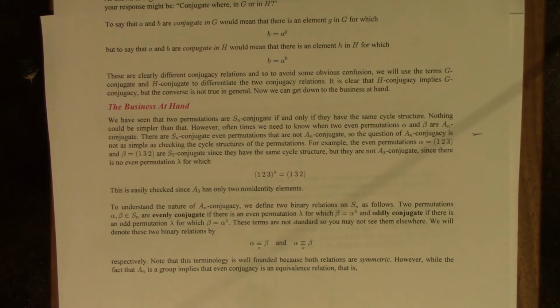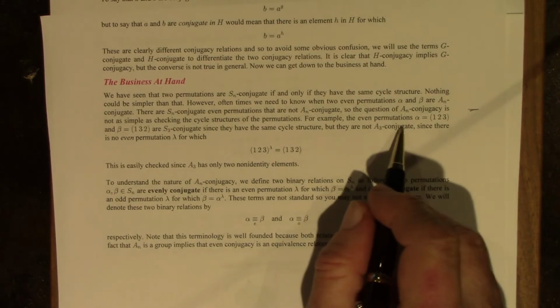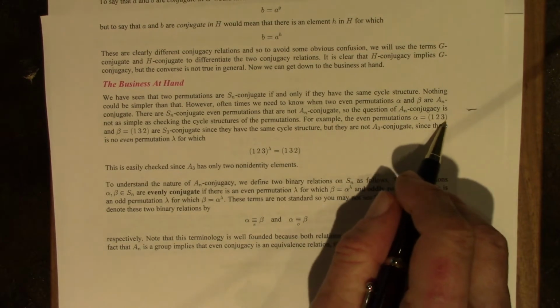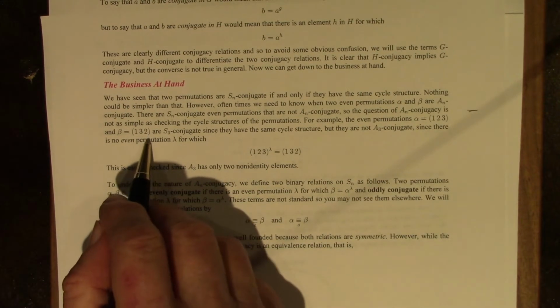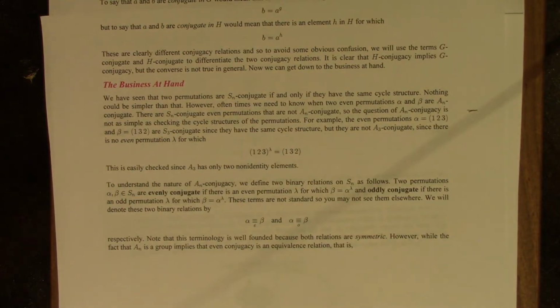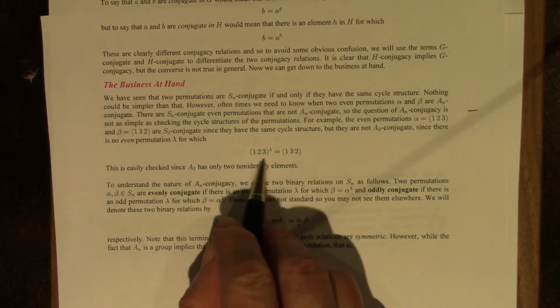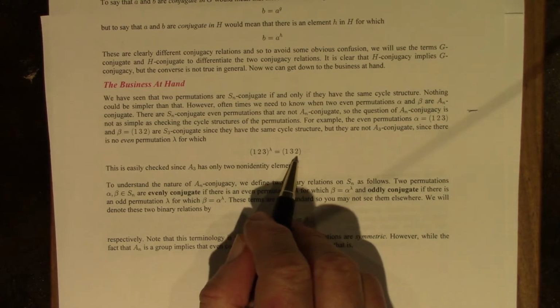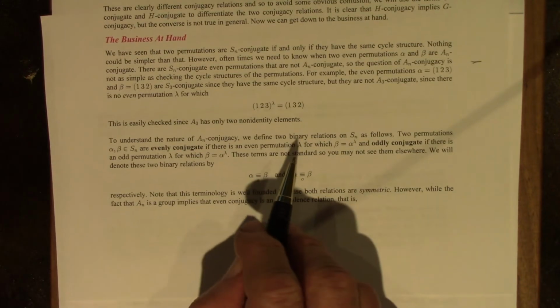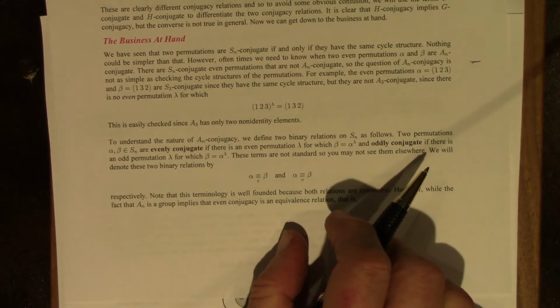Well, it involves cycle structures, but it's a little more work. Just as an example, the even permutations (1 2 3) and (1 3 2), these three cycles, they're S3 conjugate because they have the same cycle structure, but they're not A3 conjugate because there's no even permutation lambda that satisfies this equation. And you can check that because A3 is a very small group.